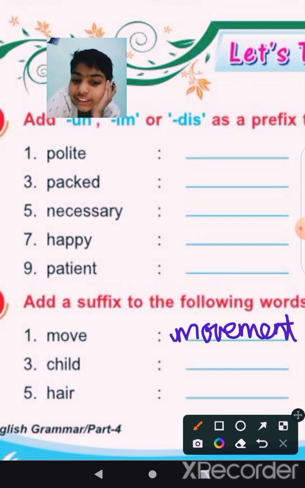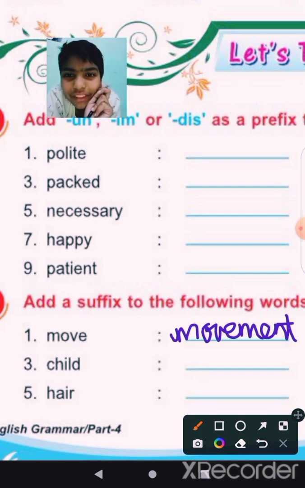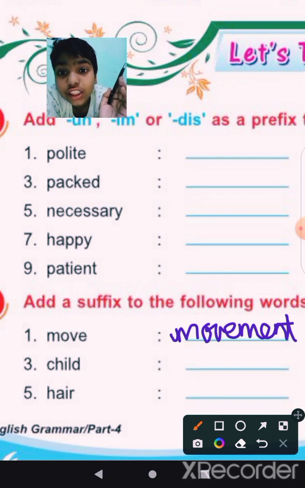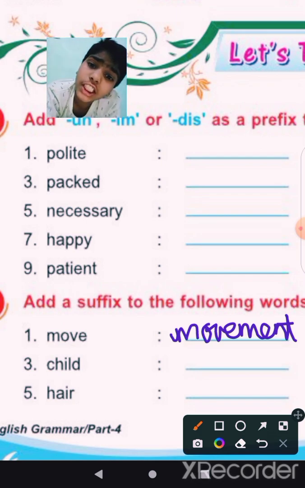Child. It's really easy. Think a little again. I got 1 word. 2. I hope you have thought for a while now. You will get this word all the time.